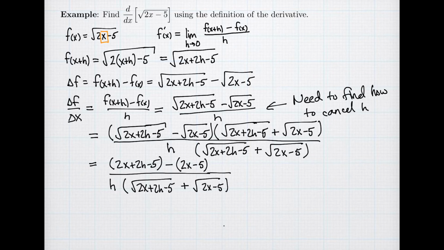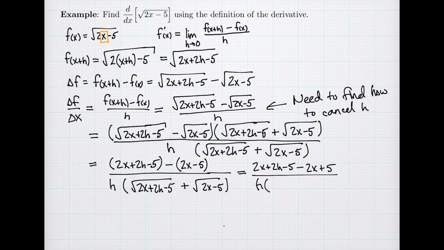All right. Now we're going to leave the denominator alone. That's a pretty common theme in our derivatives. And simplify the numerator. So I get 2x plus 2h minus 5. Distribute the negative sign, I get minus 2x plus 5. And then the denominator is still the same.